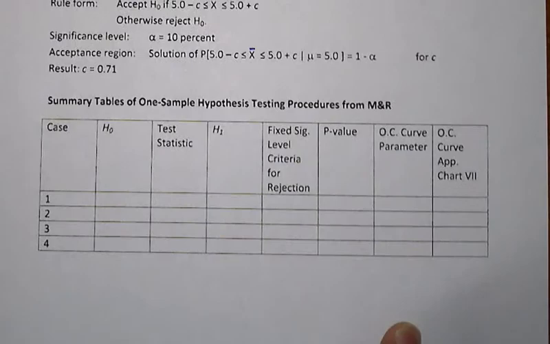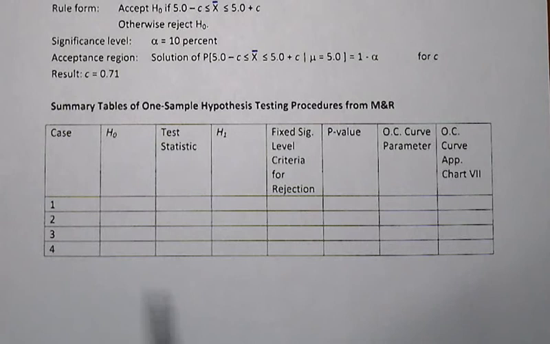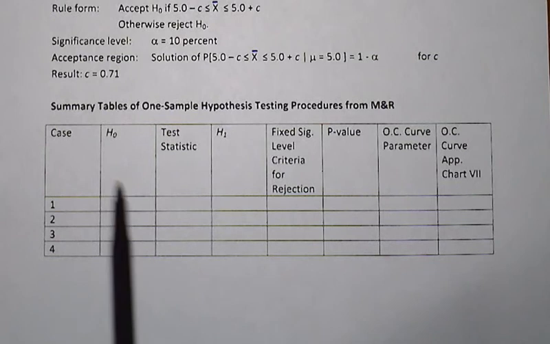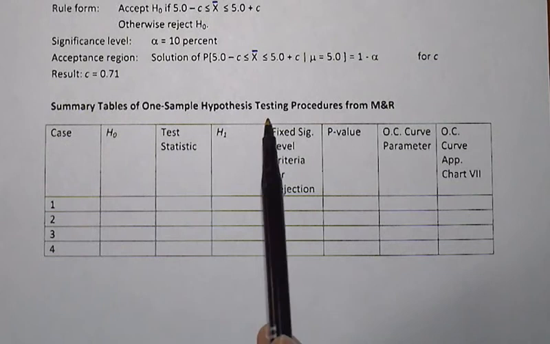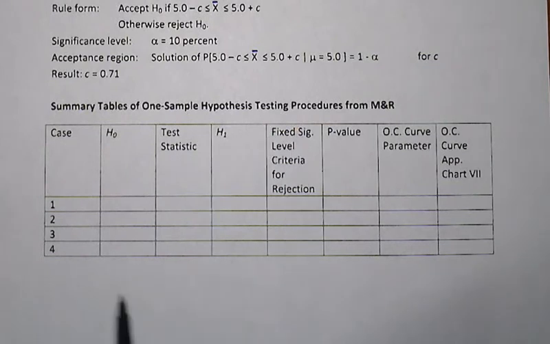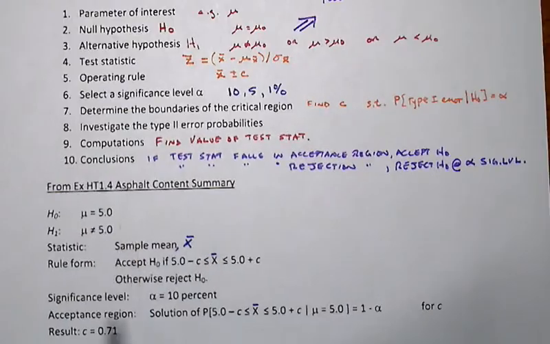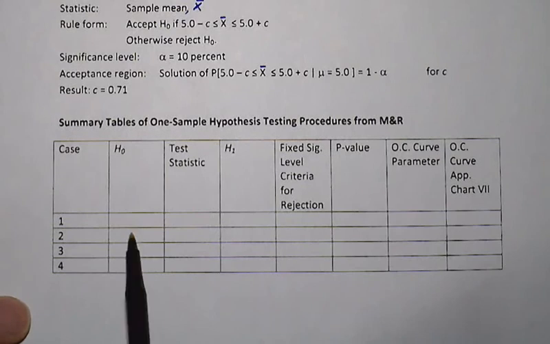And then finally you'll note that if you have a textbook, on the inside of the back cover, if you have a hardbound, otherwise you have to go find it in the electronic form, you've got this summary table of one sample hypothesis testing procedures. And that's just to pull this kind of stuff into a nice, easy, simple reference.